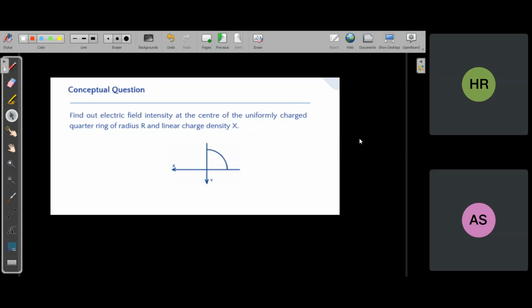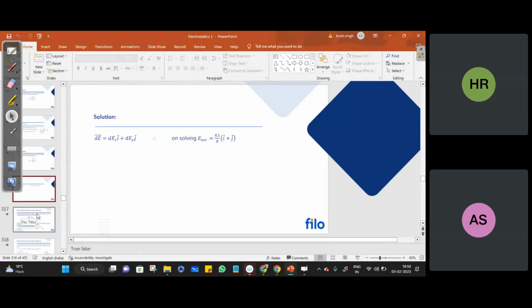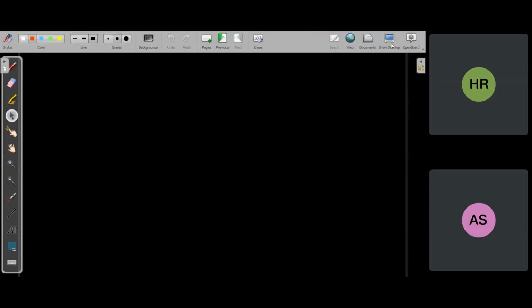No, here both components will be there. So here you will have to integrate both. The x component and y component, both will be there. X is also there, Y is also there.